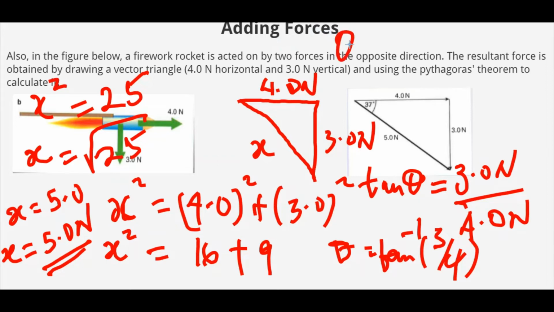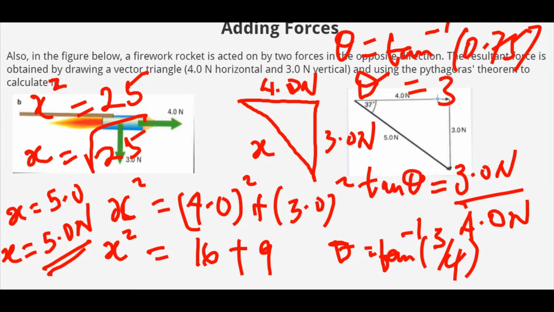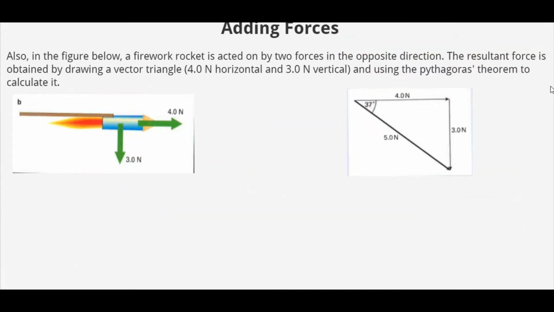Theta is equal to tan inverse of 0.75. Theta now is equal to 37 degrees. So the angle at which the forces are acting is 37 degrees. That typically shows the illustration of the firework rocket. Let's move on.